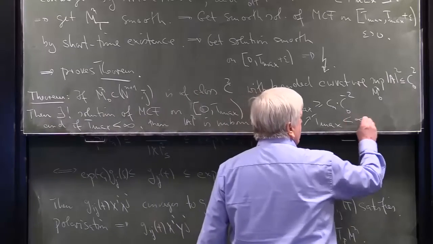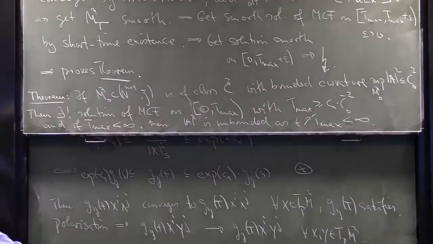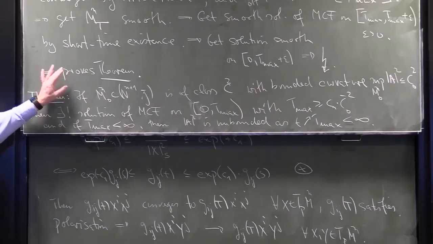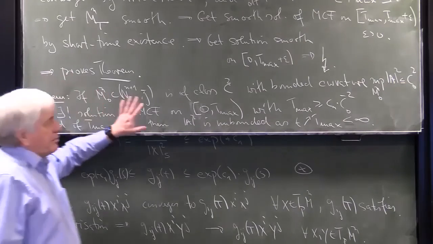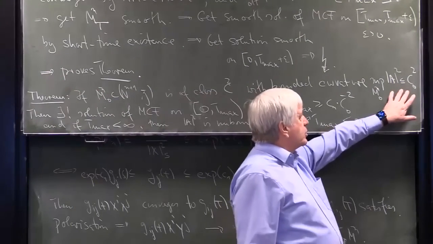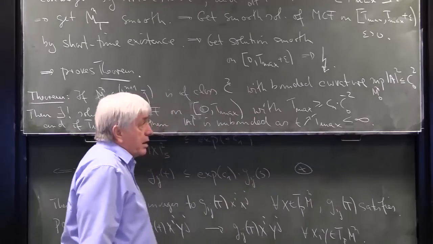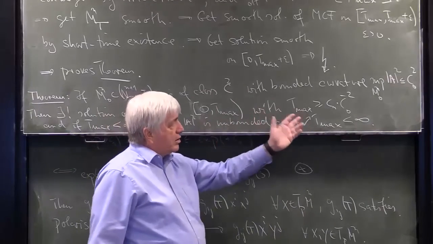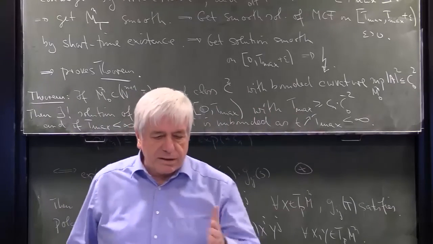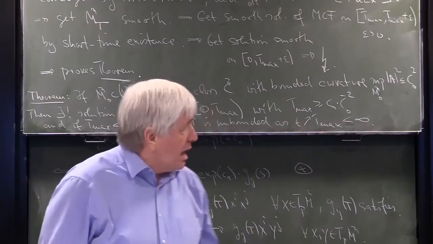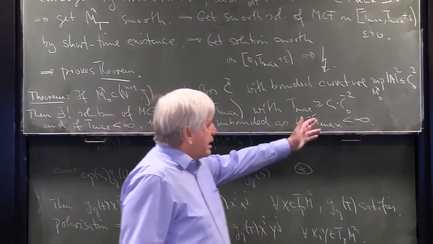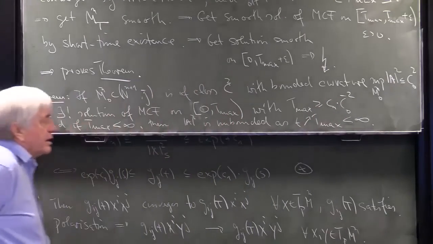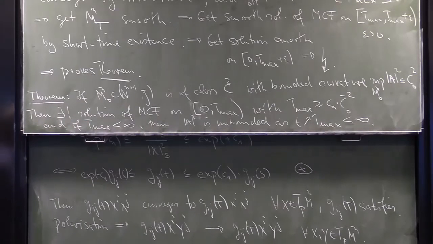So we have strengthened the result in the sense that if we just have a C2 initial surface and we have a bound on the curvature on the initial surface, then we get a lower bound on the short time existence, because we have this estimate interior in time up to some time which is like 1 over C0 squared. And we still have, of course, the result that the curvature then can only blow up if the curvature becomes unbounded.